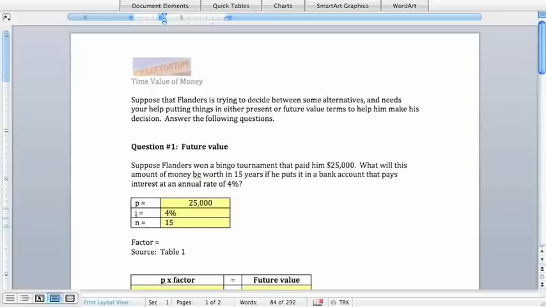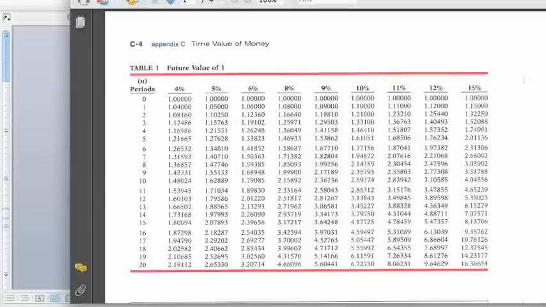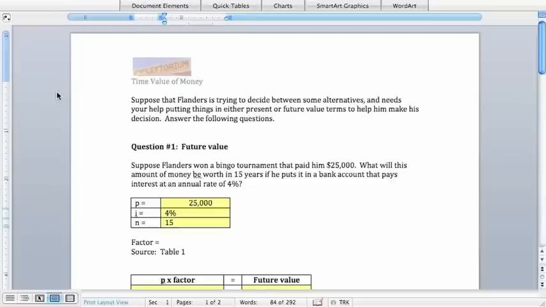So what we're going to do is go to Table 1 and try to find the intersection of 4% and 15 periods. And so what we can do here is find that the intersection of the two gives us a factor in this case of 1.80094.